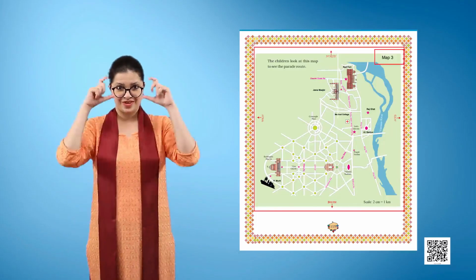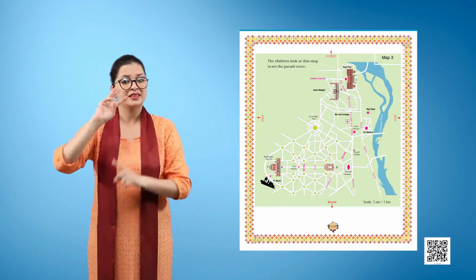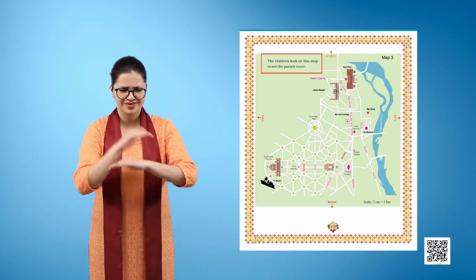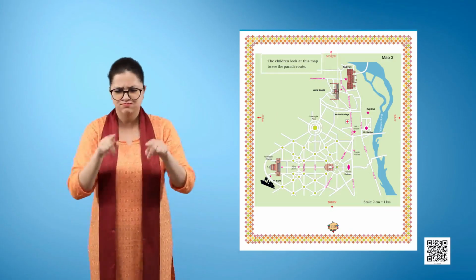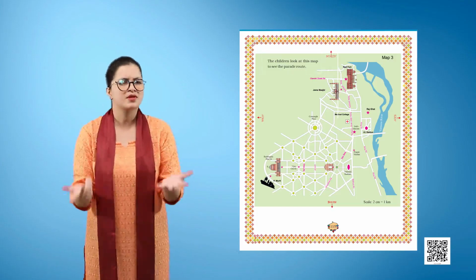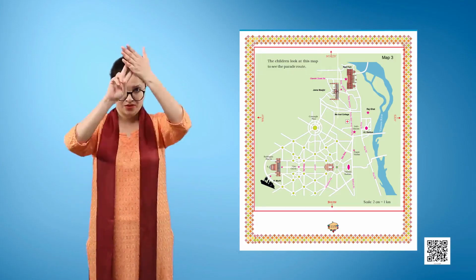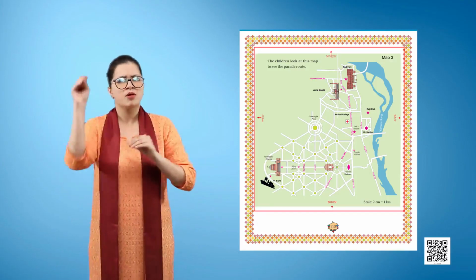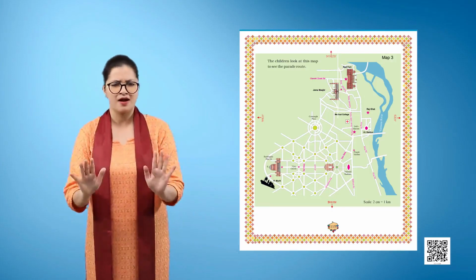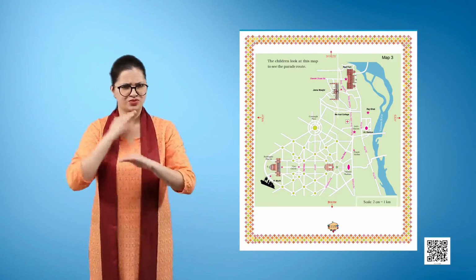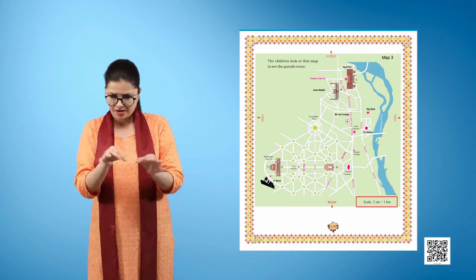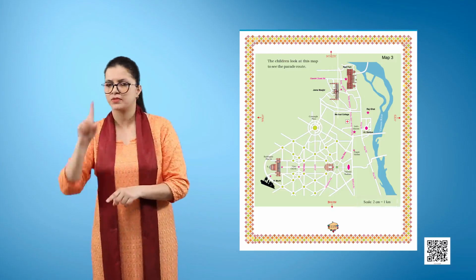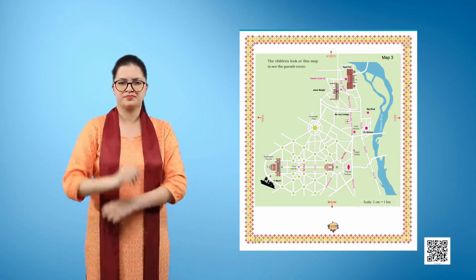Below is a map titled Map 3. And we know that the children look at this map to see the parade route. All four directions, north, east, west, south, are marked clearly on this map. And we know that the scale of the map is 2 centimeters equal to 1 kilometer.